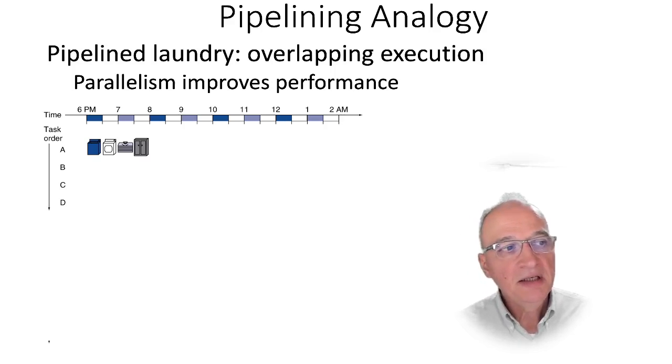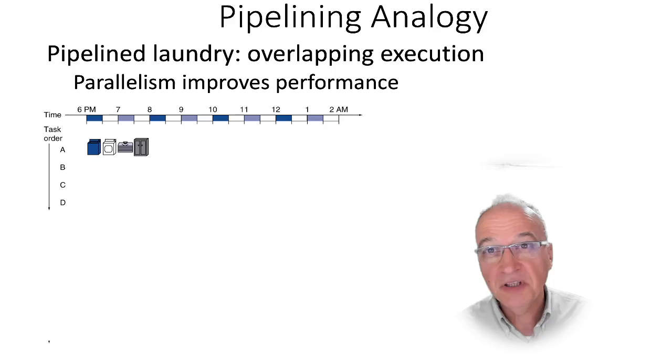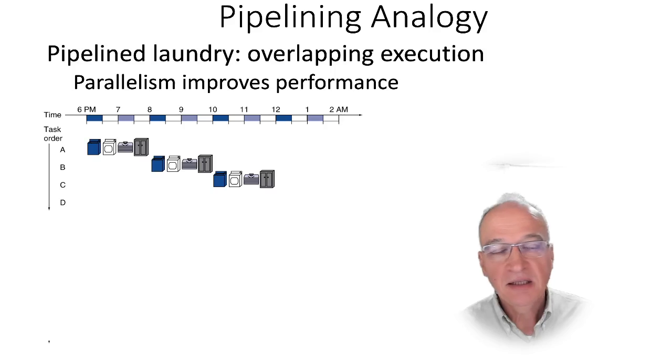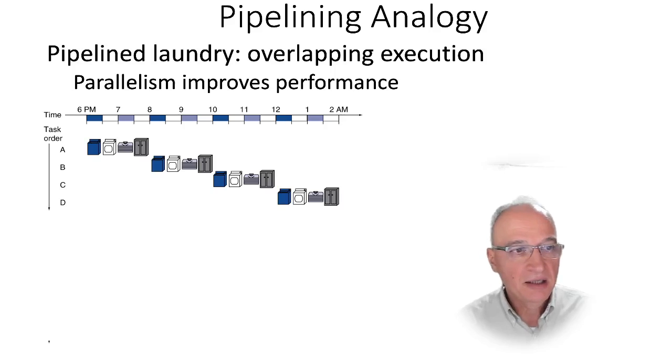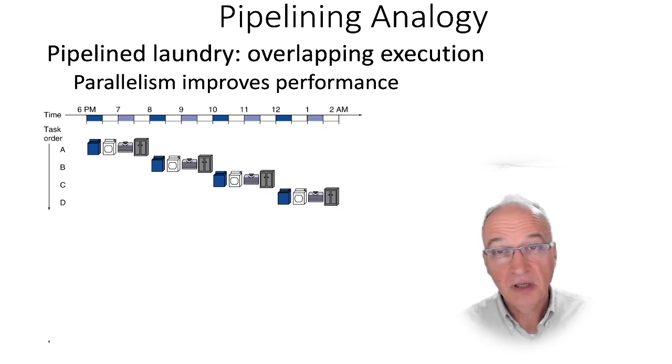So on laundry day, let's say that we start at 6 p.m. and if I do one load of laundry in that fashion, I'm going to finish my first load by 8 p.m. And by 8 p.m. I can start my second load of laundry, which will finish by 10 p.m. And then I can start a third load at 10 p.m. and I will be doing laundry until midnight. And then I will finish my laundry at 2 a.m. And that will be a very busy night where I cannot do much else.